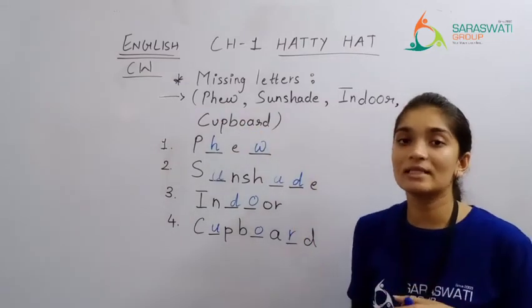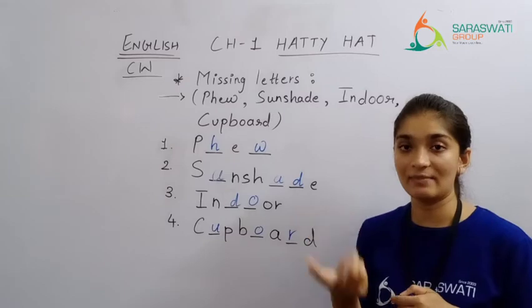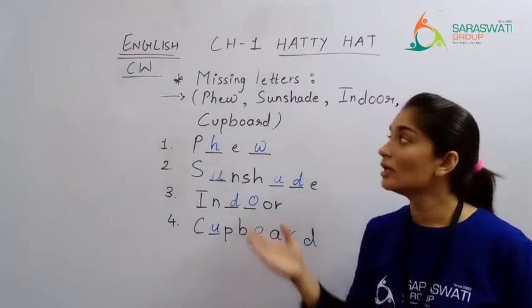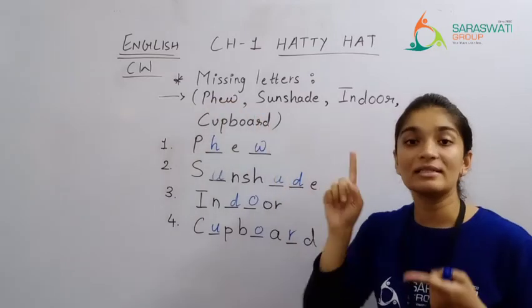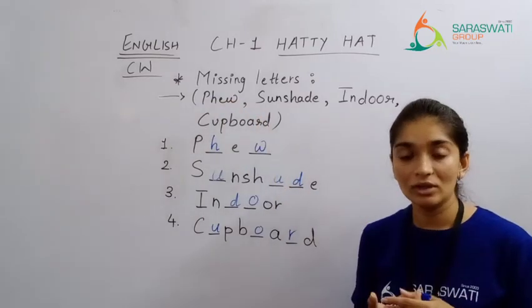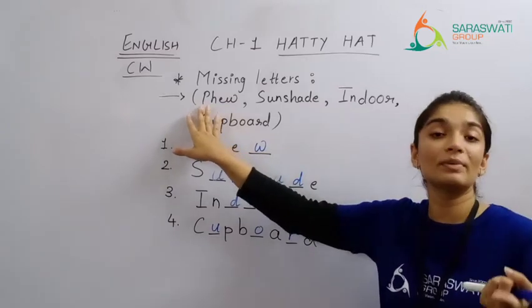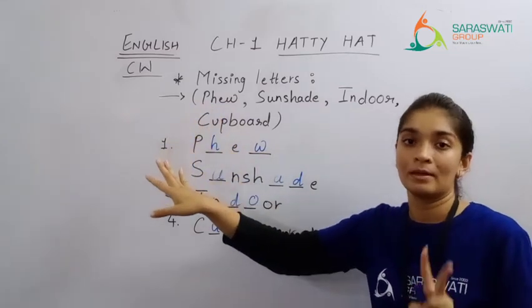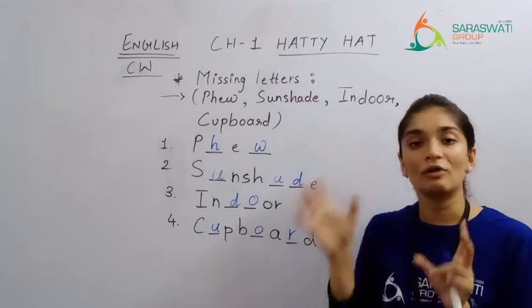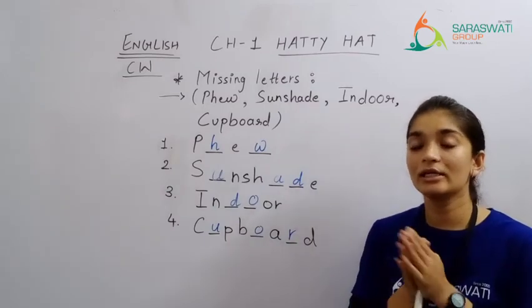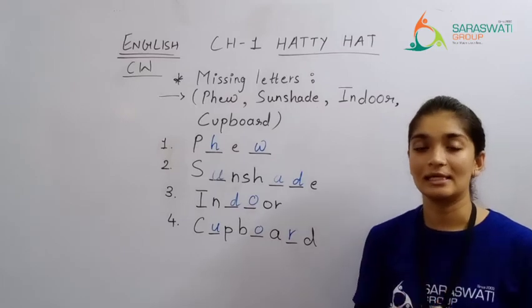If more than one word has the same letters, what you are supposed to do is compare the next letters and count the letters. For example, if there are two words starting with P, count the words, then write it down and fill the missing letters, right?